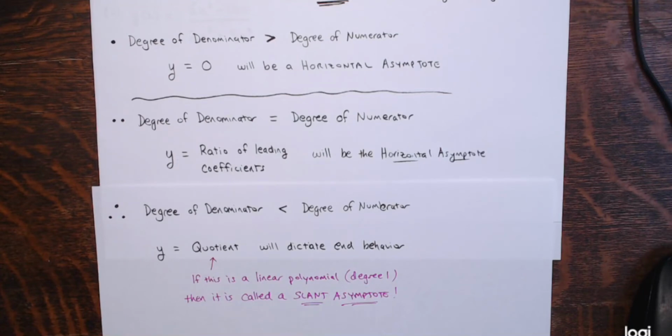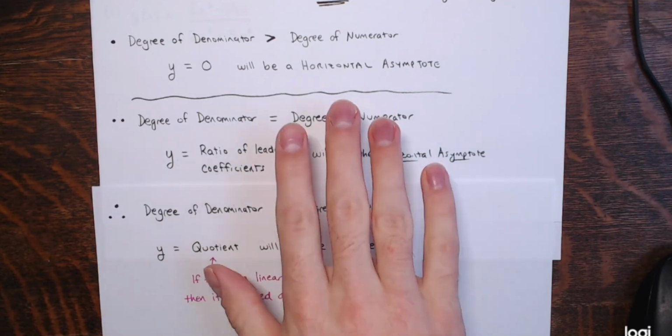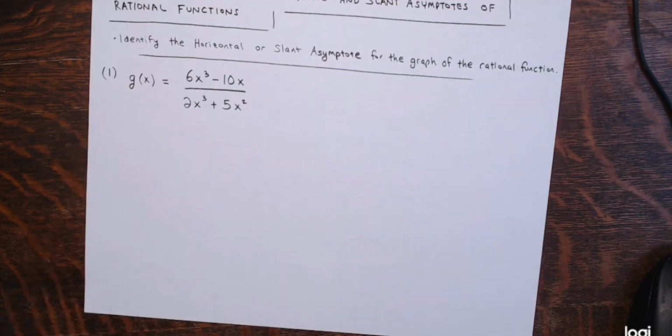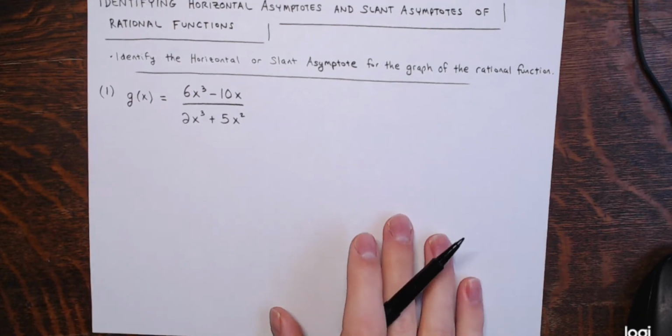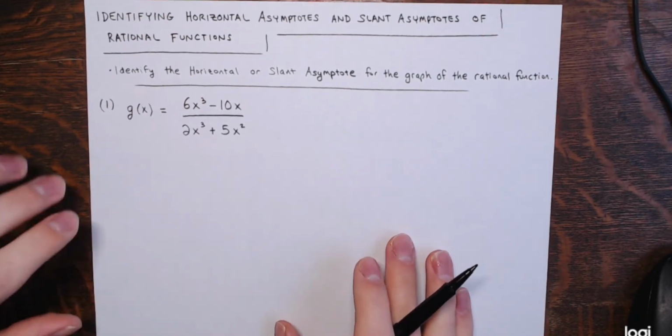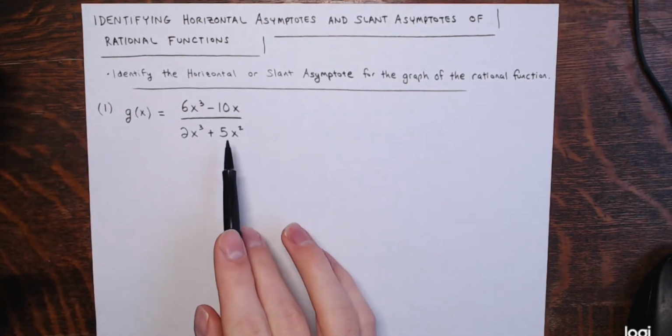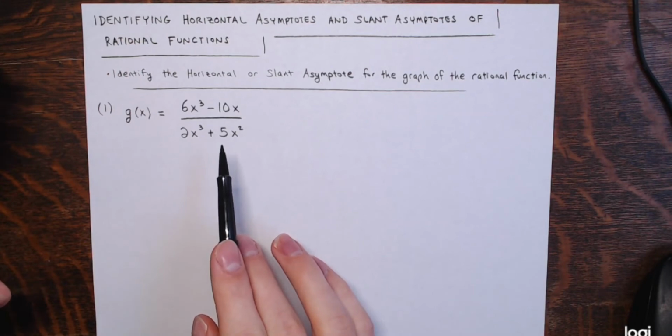And I'll keep going over to that free online graphing calculator at desmos.com and showing you the graphs and showing you what asymptotes would look like and all that. Alright, so let's go to this example here where we're given a rational function, polynomial divided by polynomial.